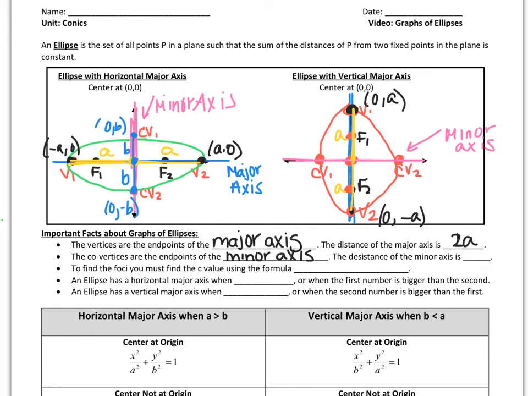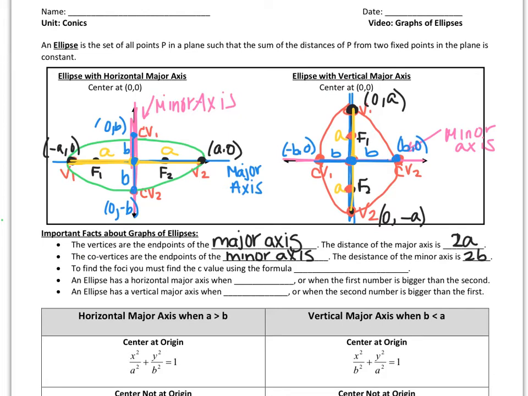Same thing here. The distance from the center to one of the co-vertices is (negative B, 0). From here to here is (B, 0). All right, so this whole distance from here to here is B, and from the center to this other point is B, so the distance of the minor axis is 2B.